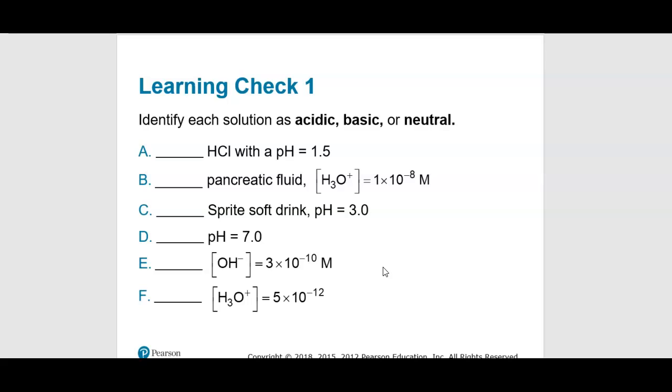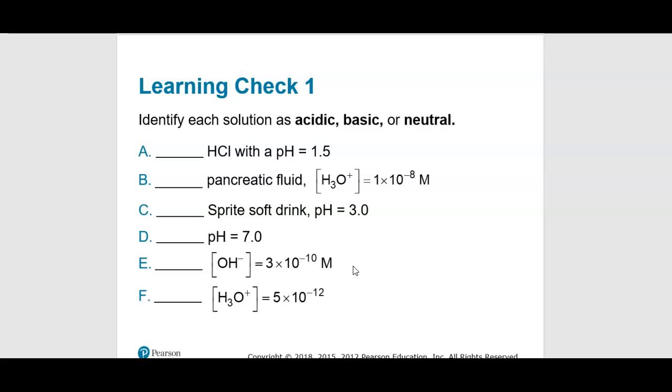Okay, now that's a little bit of a curveball, because whether it's acidic, basic, or neutral is defined by the hydrogen ion concentration. But take a look at the hydroxide ion concentration here, 3 times 10 to the minus 10th.